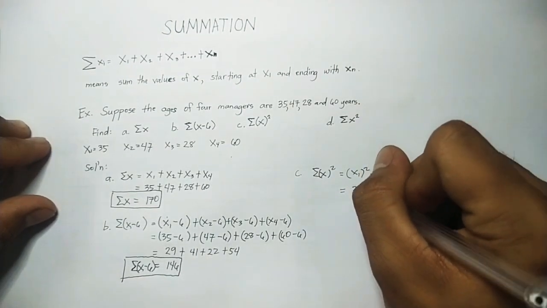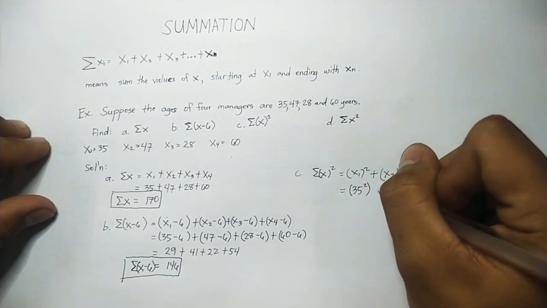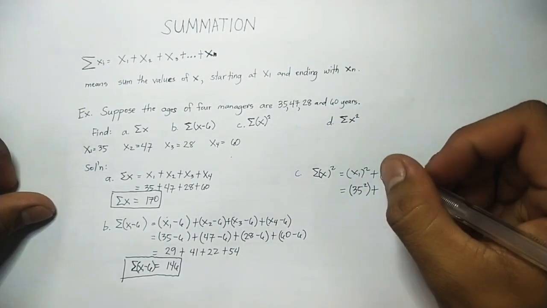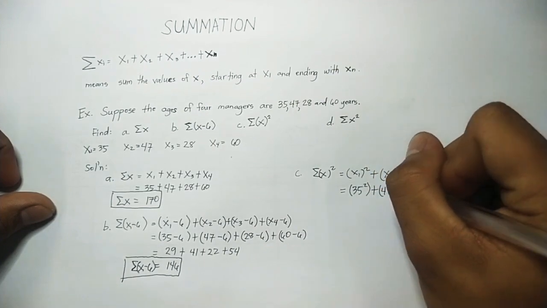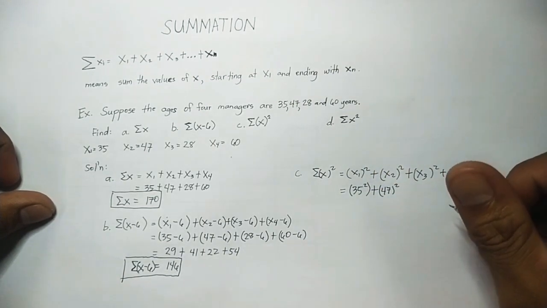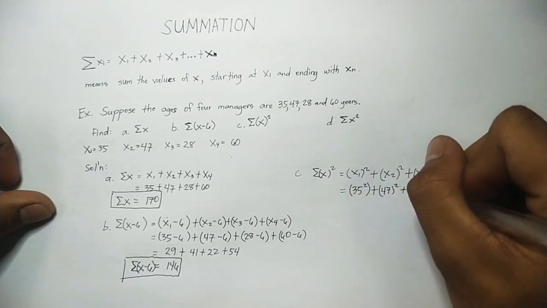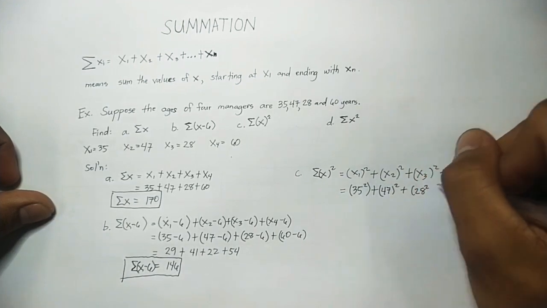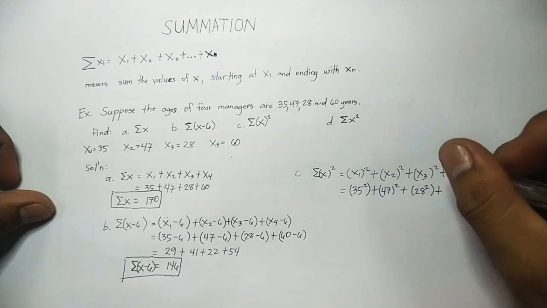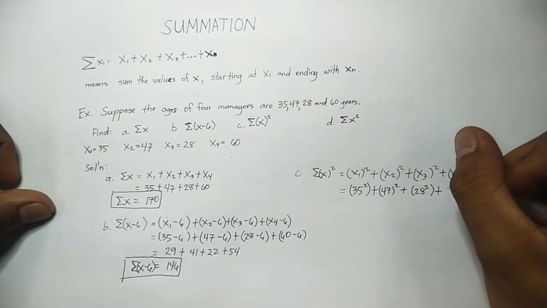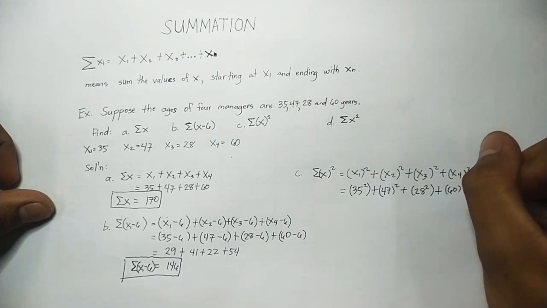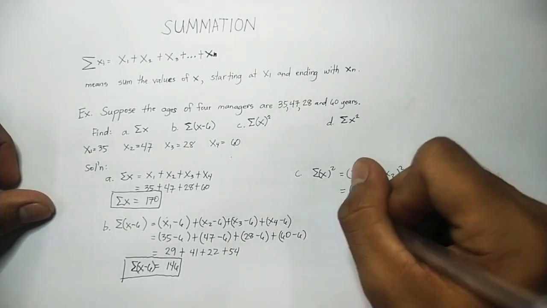We have here 35 squared plus 47 squared plus 28 squared and then plus 60 squared. So, we have to get the total.